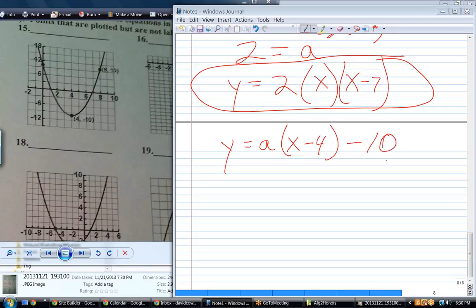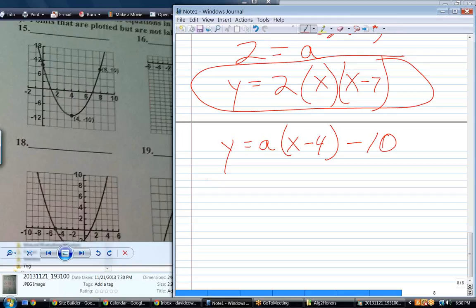Okay. And then I have my choice of points that I can use to solve for A, but every one of these is going to be the same. You get this far, and then you plug in the third point that they give you to solve for A. I could use this point over here, but let's use the one that they actually put a label on. So what's the next line?